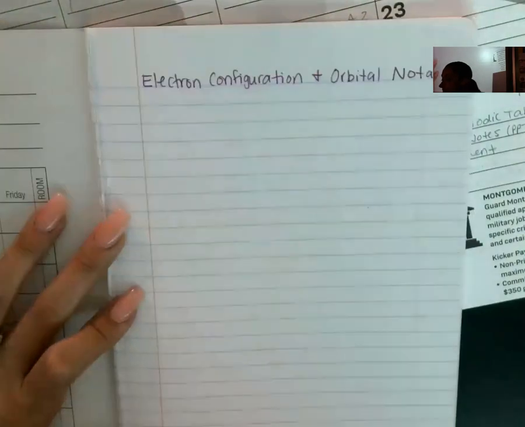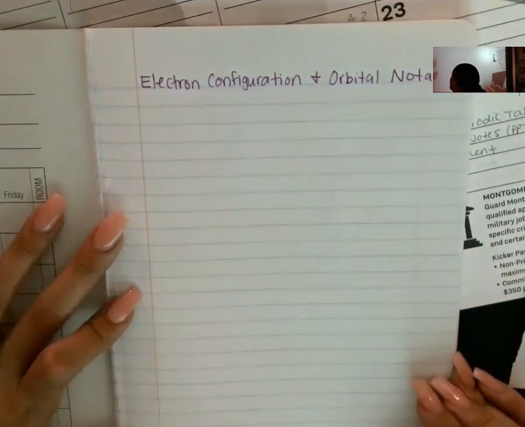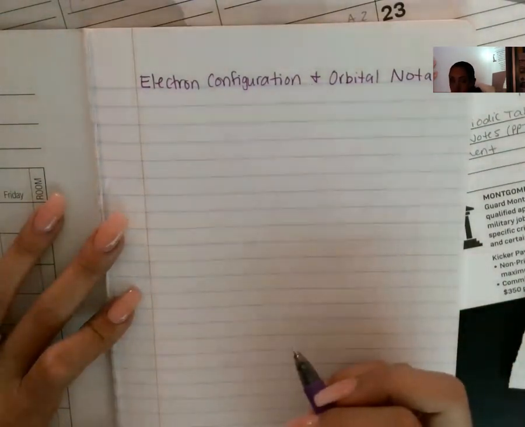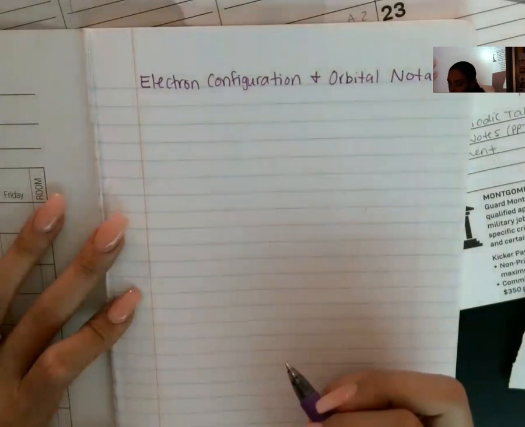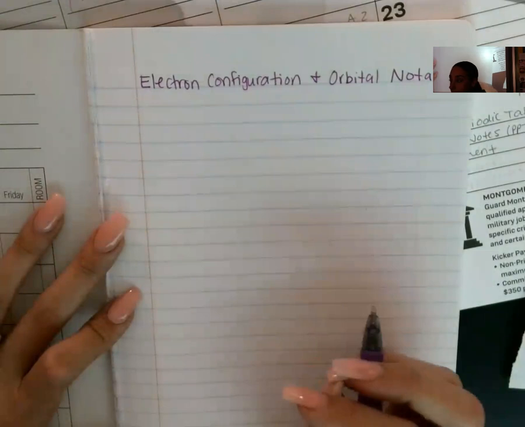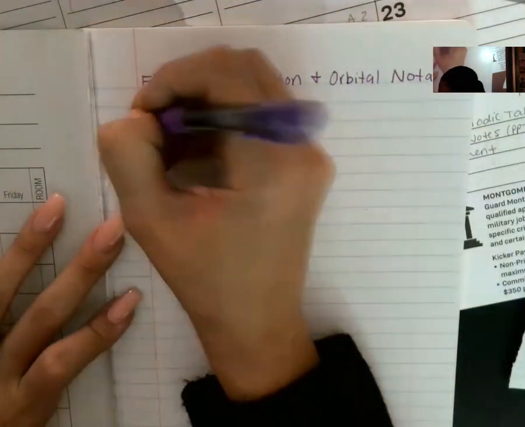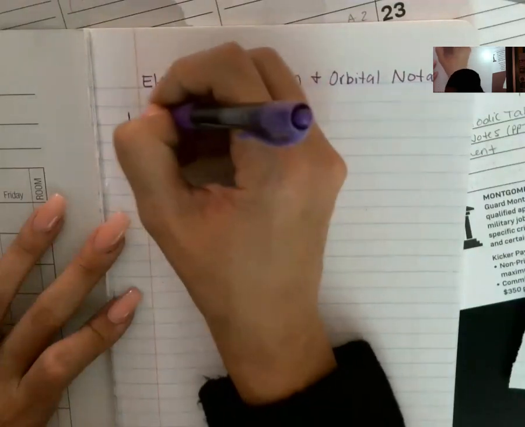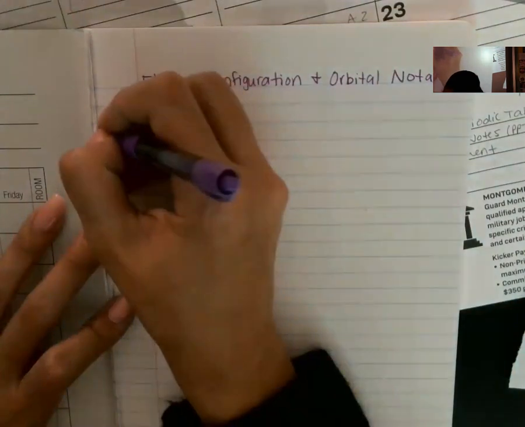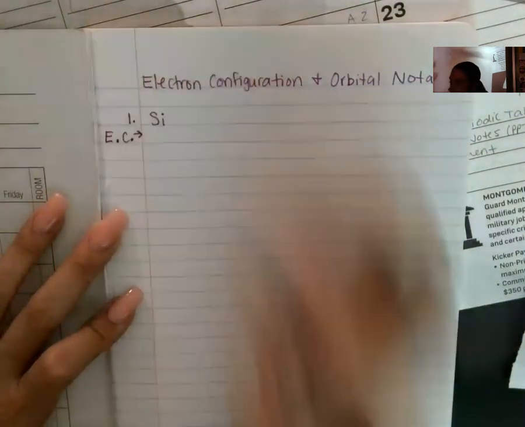Okay, so we're titling the notes Electron Configuration and Orbital Notation. The first one that we're going to do is silicon, which is Si. And we're going to write the electron configuration first, and I'm just going to abbreviate that as EC.